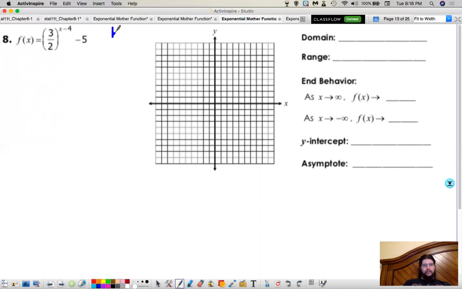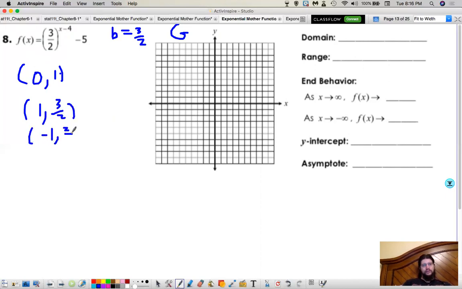All right. B is 3/2. Makes it a growth. 3/2 is 1.5. It's bigger than 1. 0, 1; 1, 3/2; -1, 2/3.